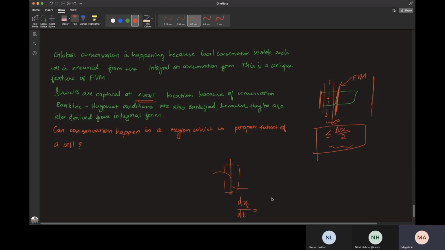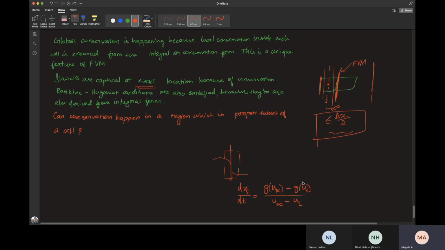And this was the difference in flux divided by the difference in the conserved variable itself. This is the expression that we obtain by making this derivation from the integral form of conservation law.